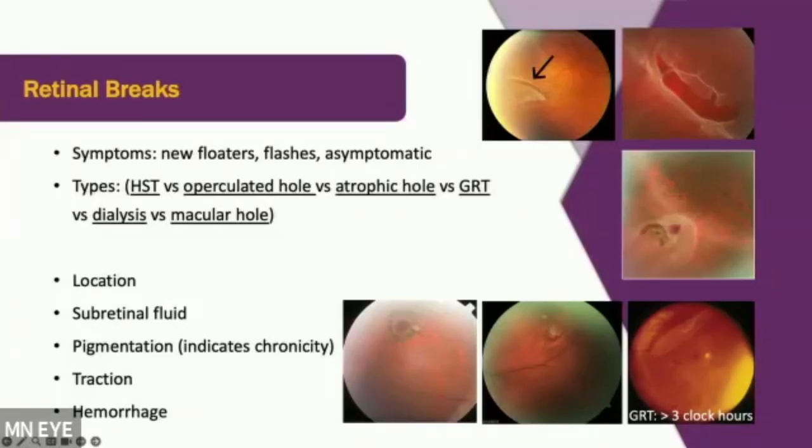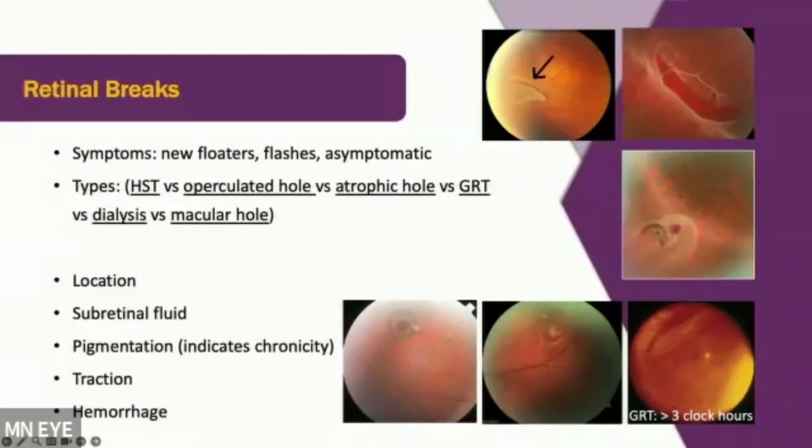But eventually, these detachments and tears are going to spread and progress, and it's our job to detect them and guide them to proper treatment. Whether there is subretinal fluid or not is going to tell us how urgently we have to deal with this patient.